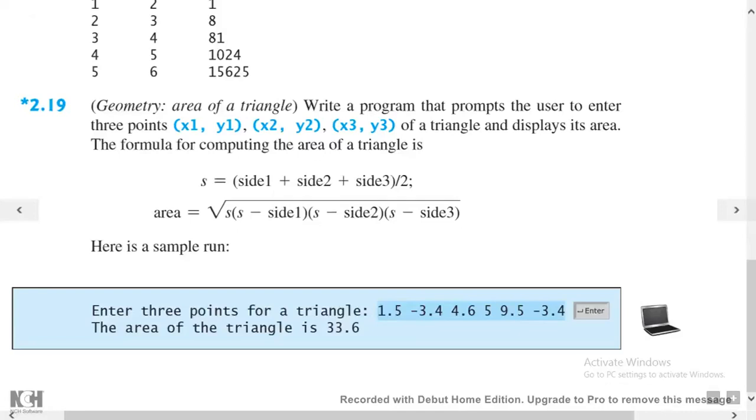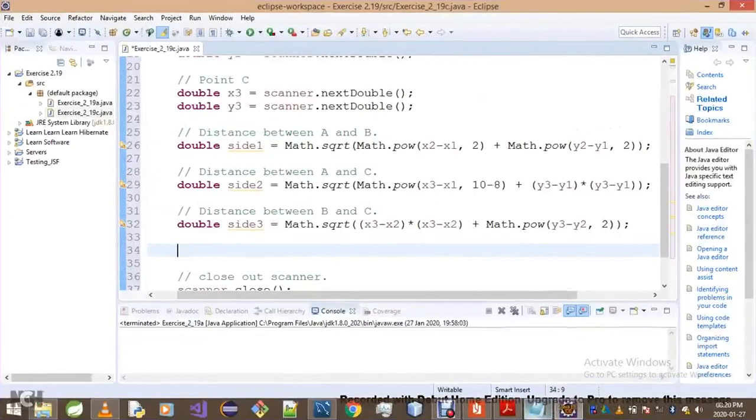If you decide not to use s, of which we shouldn't by the way, then the thing inside the square root will be something cumbersome, because we would actually be replacing x with side 1 plus side 2 plus side 3 all over 2. That will be way too tedious, you guys. So it's a better solution to have a variable called s, right?